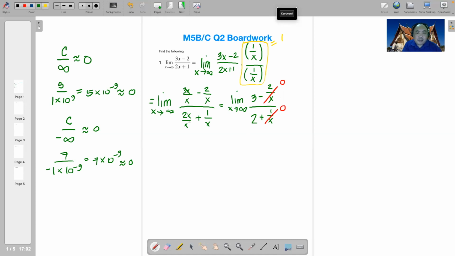That being said, the limit is simply 3/2. And there you go. I hope you got that, but if you haven't, don't worry, we have 4 more examples to go. Let's go to the second example.